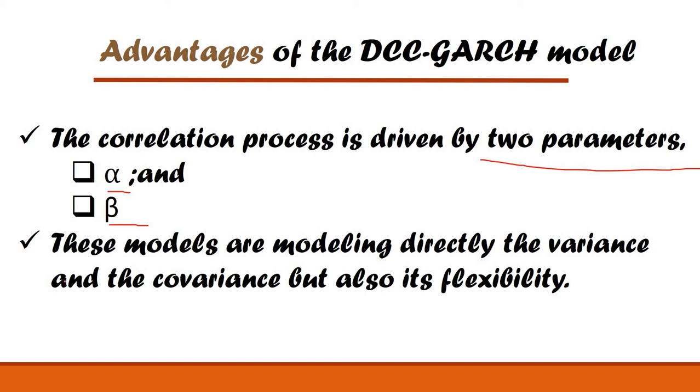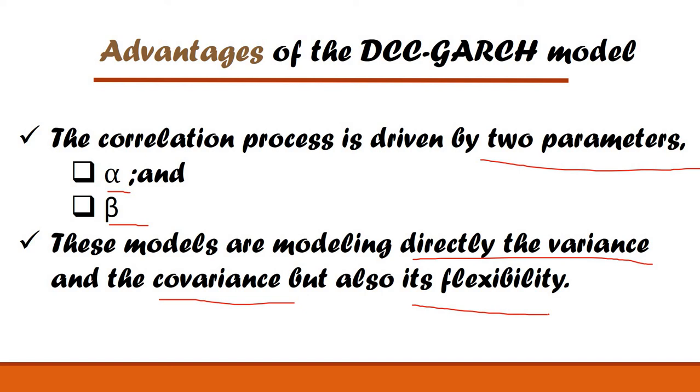Now the second advantage is that these models directly model the variance and the covariance. That means we can directly predict the variance as well as the covariance, and it also tells you about flexibility, whether short-term persistence or long-term persistence is there.